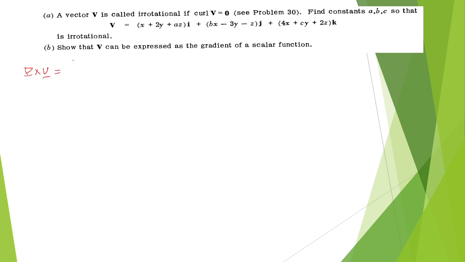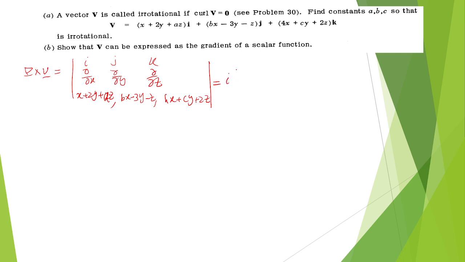Curl of V is equal to the determinant of this type, with the unit vectors, the partial derivatives with respect to x, y and z, and the components of V. The first component is x plus 2y plus az, the second component is bx minus 3y minus z, and the third component is 4x plus cy plus 2z, and we have to take this determinant.